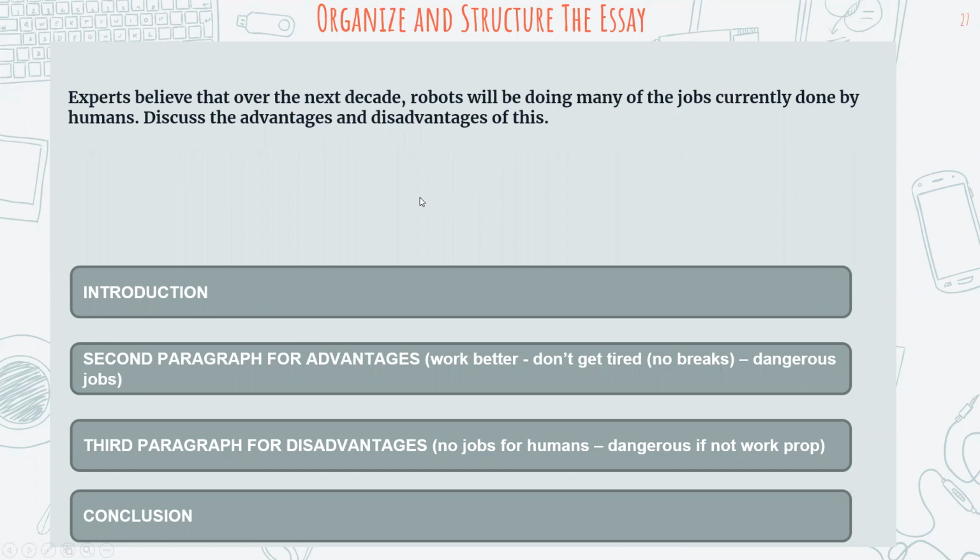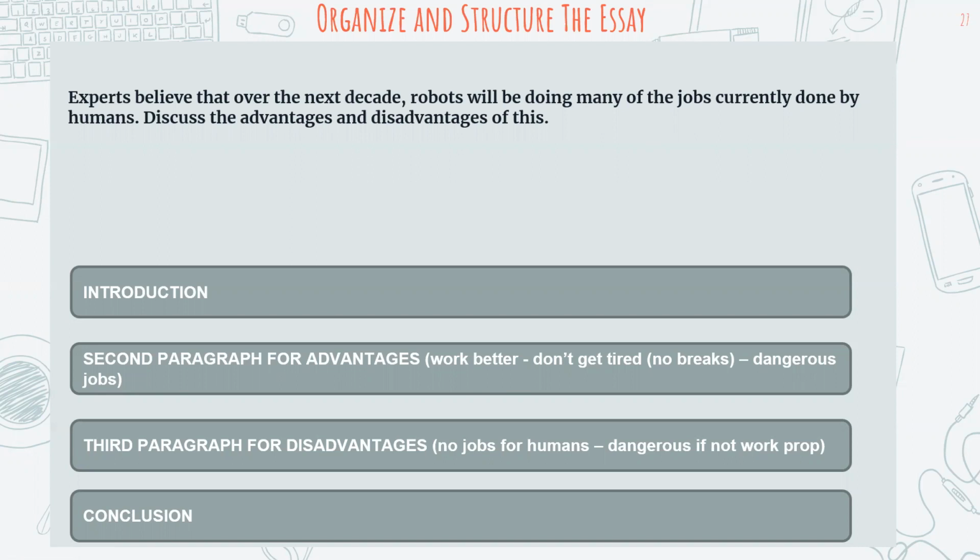You have to start with your introductory paragraph, first of all. Then for the second paragraph, you can talk about the advantages. Maybe we will talk about that robots work better. They don't get tired. They don't take breaks, and they can perform or do dangerous jobs. Okay, so these are my ideas. Okay, yours can be different.